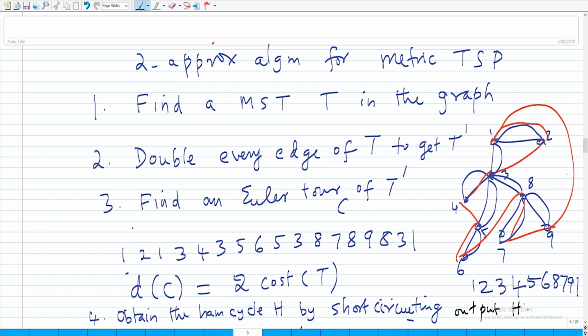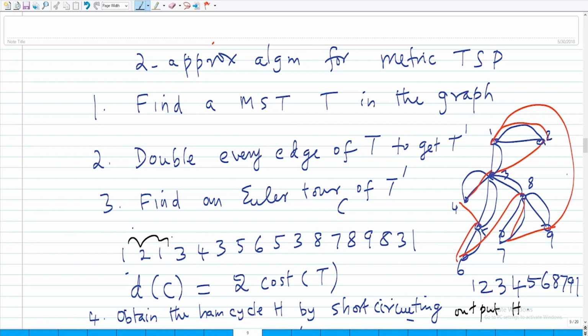What is the cost of H? First of all, the cost of H is less than or equal to the total distance of C. Is that clear? C is the cost of the entire tour, where every edge is visited twice. The cost of the Hamiltonian cycle I have output is at most the cost of this Eulerian tour. Why? Triangle inequality. This is exactly where I am using the triangle inequality.